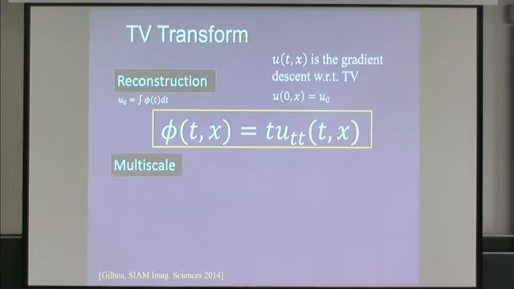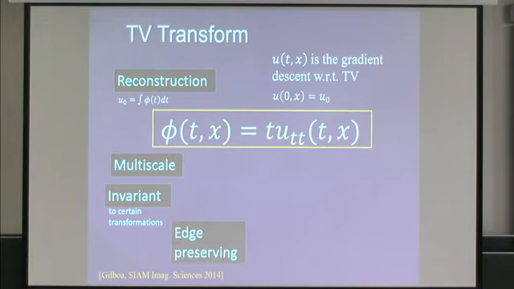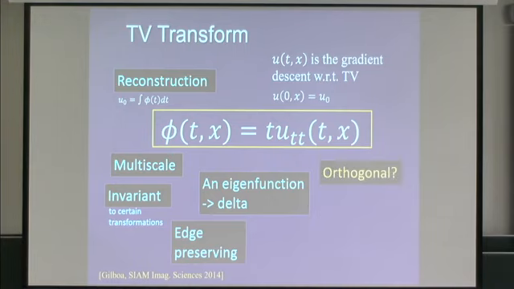Okay, so we have the reconstruction. It's multi-scale because TV is invariant to certain transformations. Also, depending on your regularizer, it's edge preserving. An eigenfunction becomes a delta in this transform, and the question is, is it orthogonal? Is it sparse? We have some indications that it is, and I'll show them later.